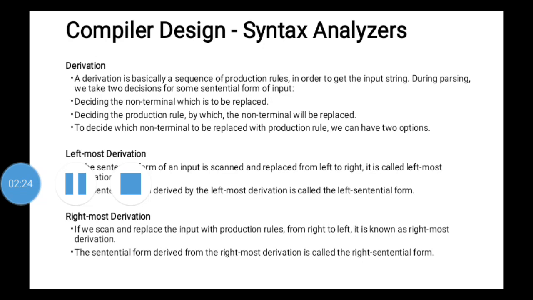Now, in doing this, there are two ways by which you can do it. First is through the left derivation. In the leftmost derivation, you're trying to replace the non-terminals from the left. But in the right derivation, you are replacing from the right.